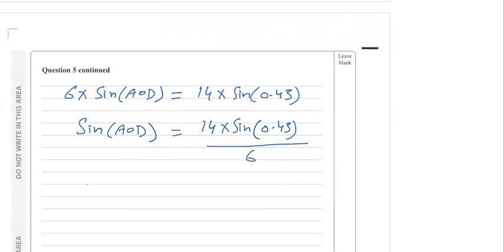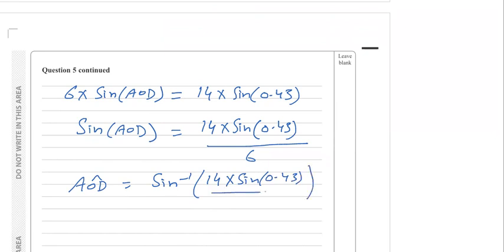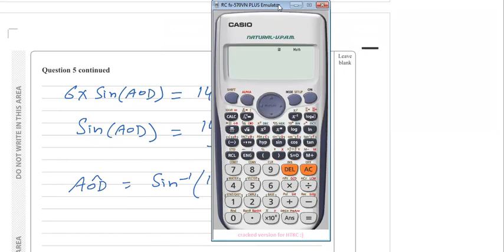To find angle AOD, I shift sine to the other side, so it becomes sine inverse of 14 times sine of 0.43 over 6. Now let's use the calculator to find this value.